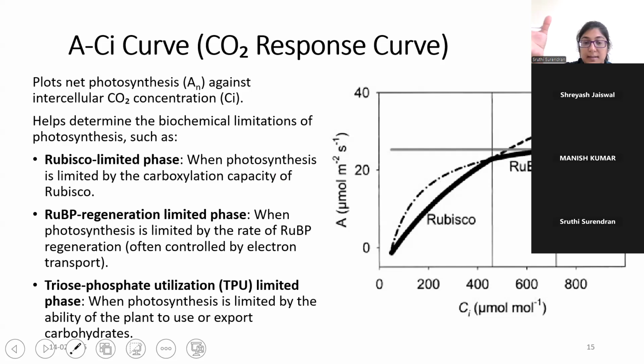Now, we said that these three parts of the curve give us information regarding the values of net photosynthesis. But what value are we going to get from knowing that this is a high slope or a low slope, or that this transition is occurring very fast or not very fast? What quantity is exactly being obtained from this type of curve?